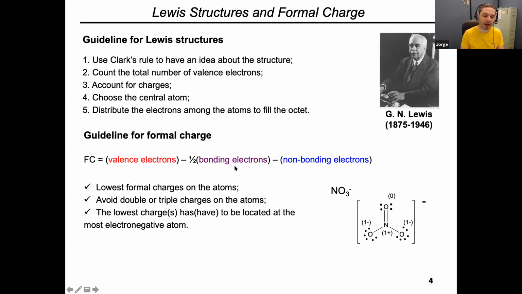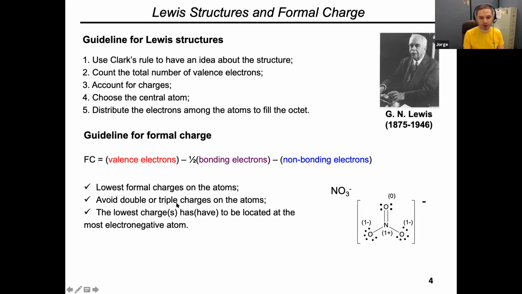Remember that sometimes you have two or more possibilities for the Lewis structure of a compound. The way to decide between several possibilities is by determining the formal charge of the atoms in the compound. Any compound likes to have formal charges 0 on the atoms, which will render stability.